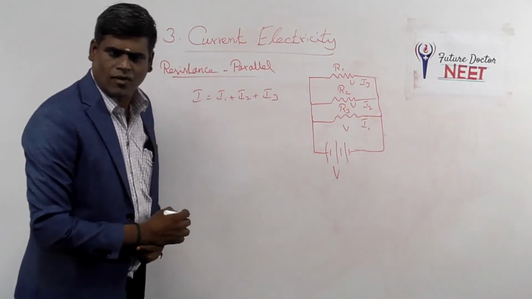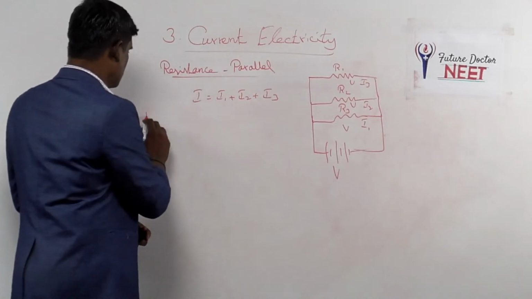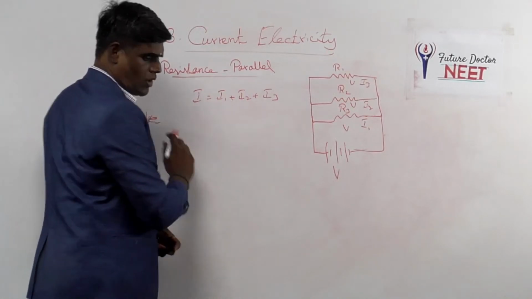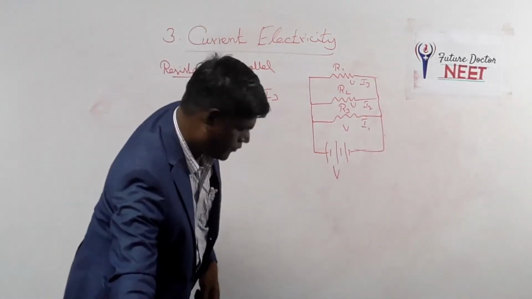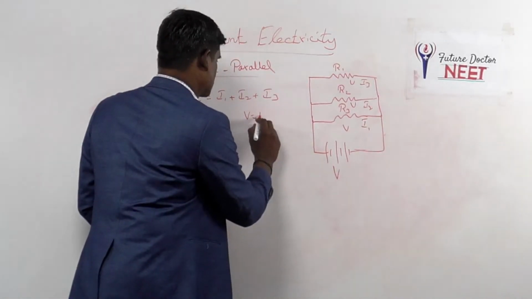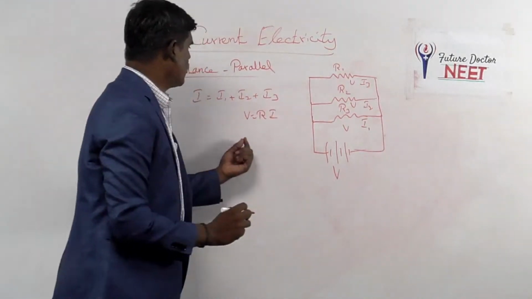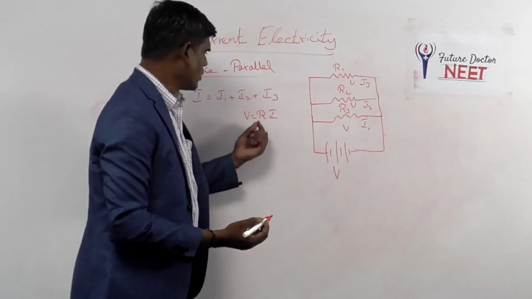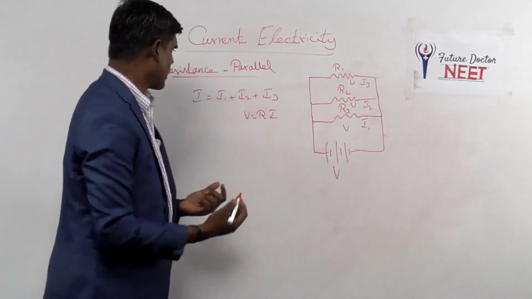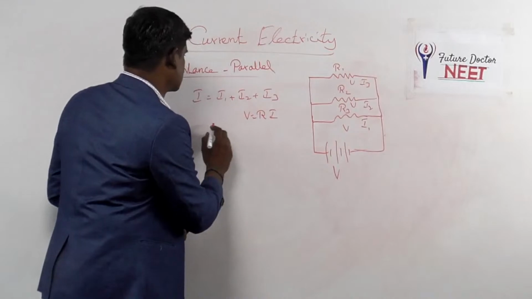What is the formula for Ohm's law? V equals R I. So V equals R1 I1, V equals R2 I2, like that. Then I1 equals V by R1, I2 equals V by R2, and I3 equals V by R3.